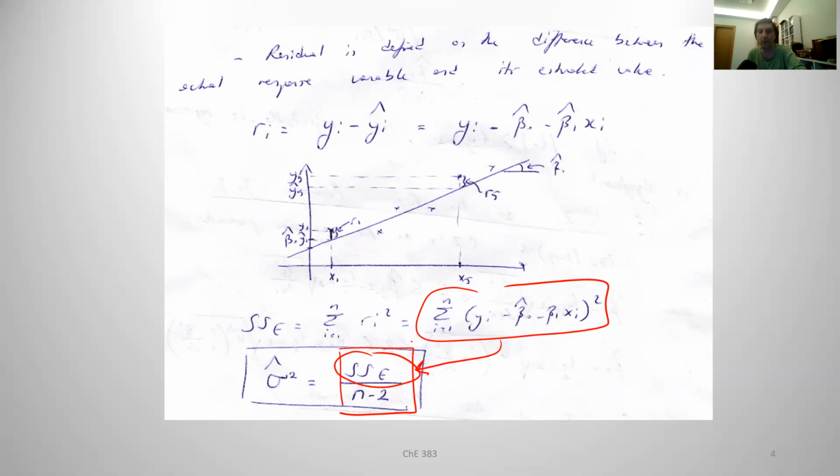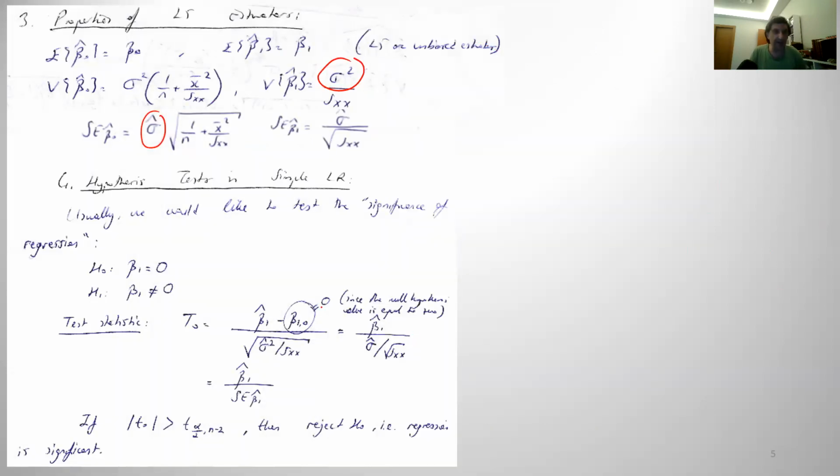When you take the square root of this quantity, you are estimating the standard deviation of the random error terms. So in this case, the estimated standard error for beta 0 and beta 1 is equal to this estimated standard deviation multiplied by the square root of these terms, and the same thing for beta 1.